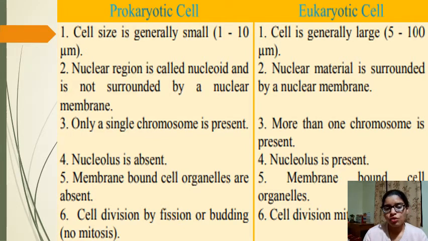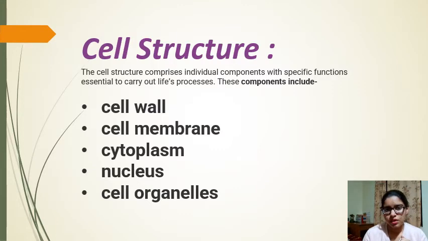These membrane bound organelles are absent, and prokaryotes mostly divide by fission or budding. In the eukaryotic cell, membrane-bound organelles are present, cell division occurs by mitosis, and more than one chromosome is present. So these are the basic differences between prokaryotic and eukaryotic cells.